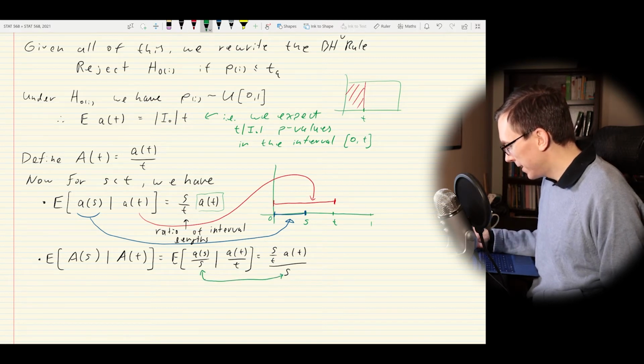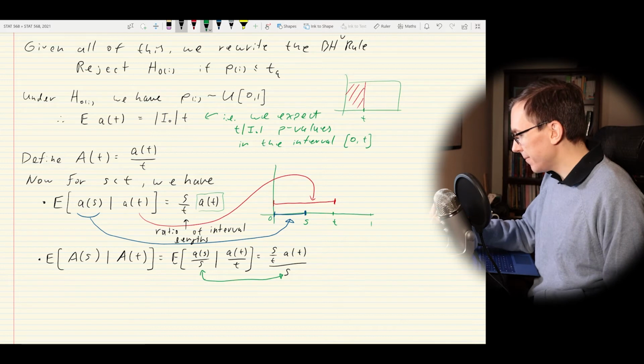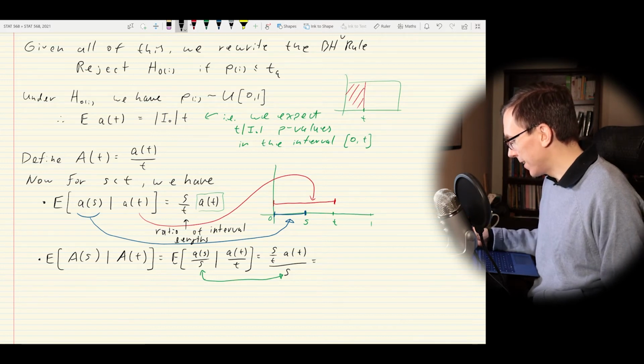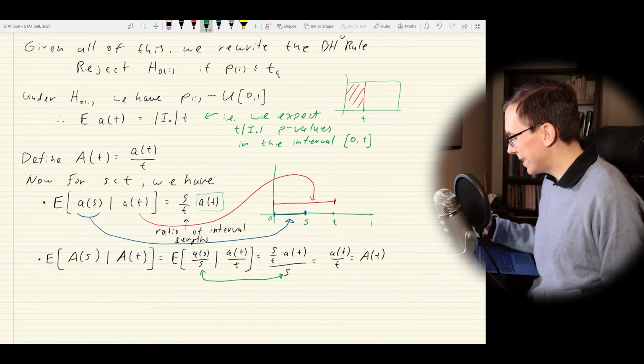Then the S's cancel out, and we're left with just AT over T, which is just A-bar T. So that's nice.